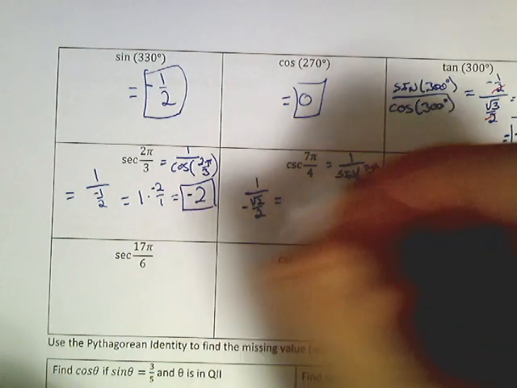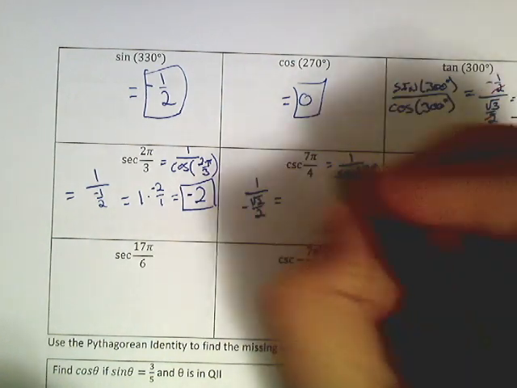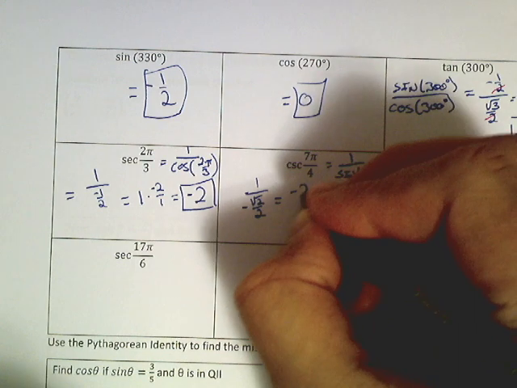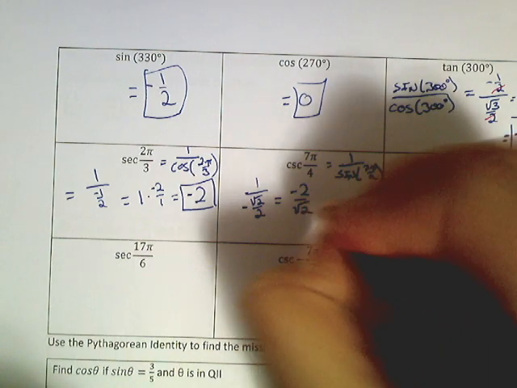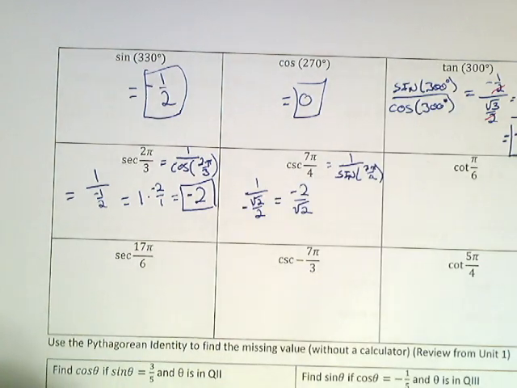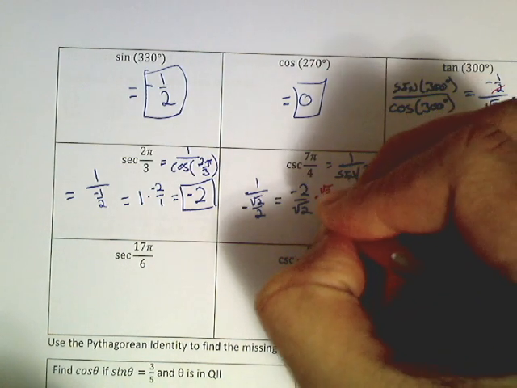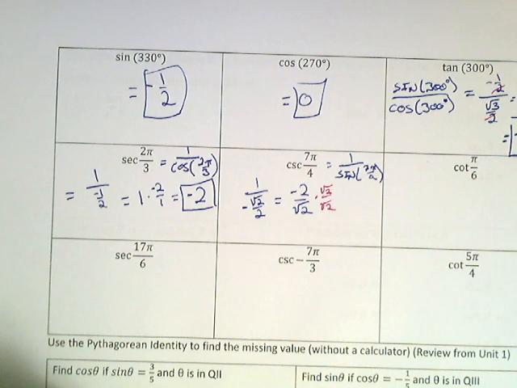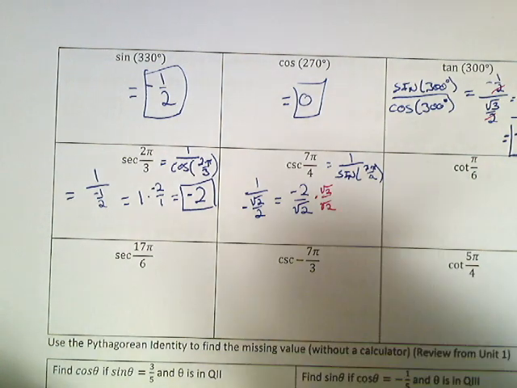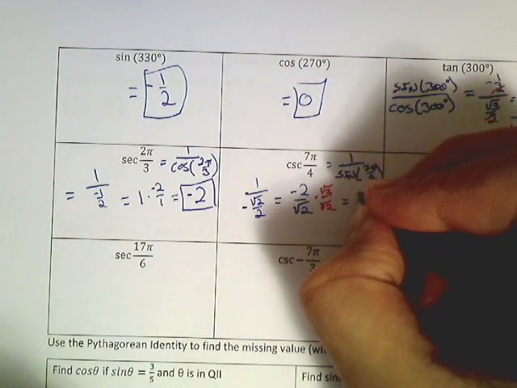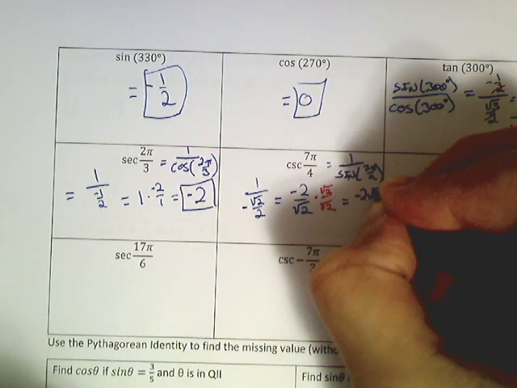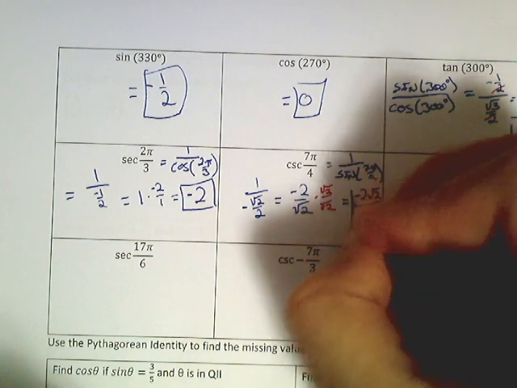So we do the whole keep change flip, and we get negative 2 over the square root of 2. And we do our little rationalize the denominator trick. So our final answer ends up being negative 2 root 2 over 2.